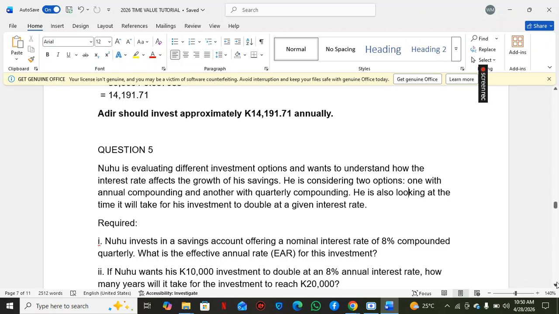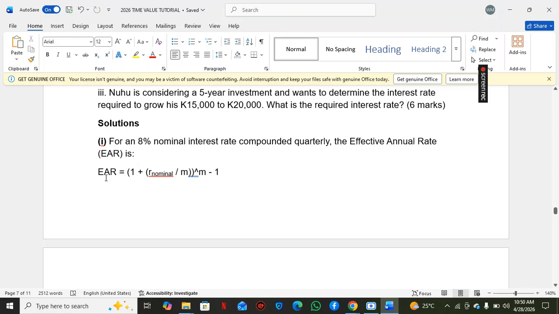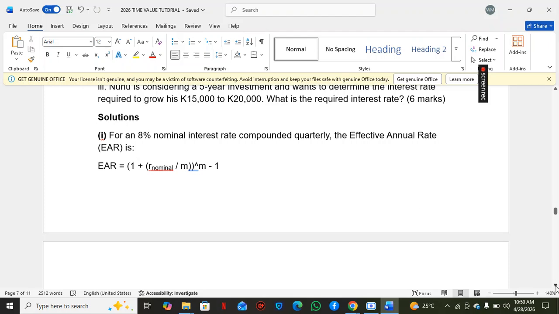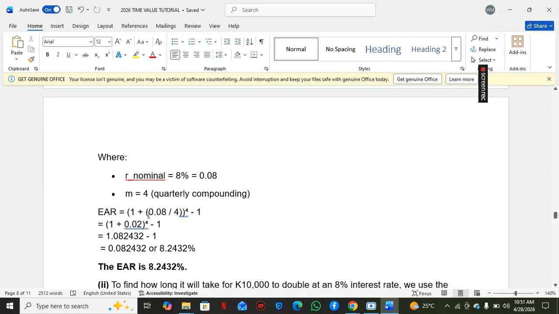Again, here's the formula: effective annual interest rate equals 1 plus the nominal rate divided by the number of compoundings, raised to the number of compoundings. So 1 plus 0.08 over 4, raised to the power of 4, minus 1.